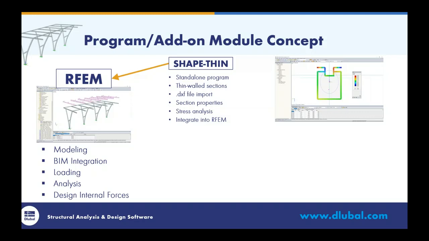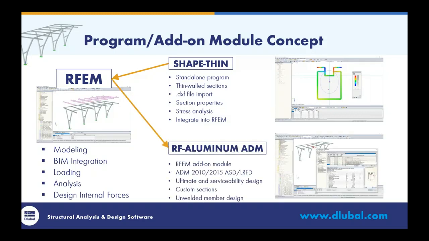Now, if we'd like to do design within RFEM, this is where we'd want to take advantage of the design add-on modules. In particular, today we'll be looking at RF-ALUMINIUM ADM. This is nothing more than a dialog box within RFEM that allows us to do member design for aluminum per the ADM 2010 and 2015, and we have both ASD and LRFD.